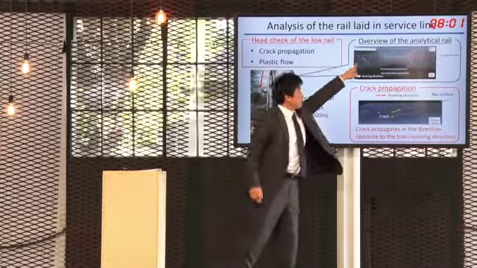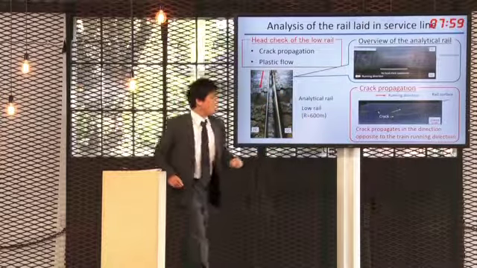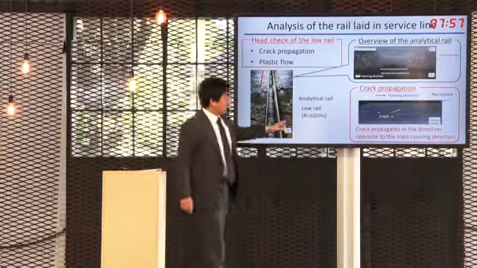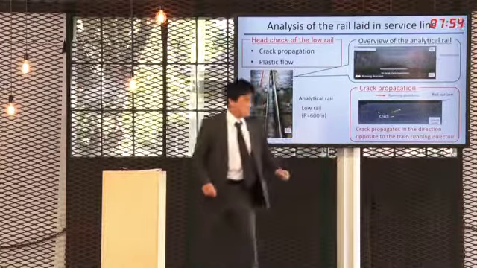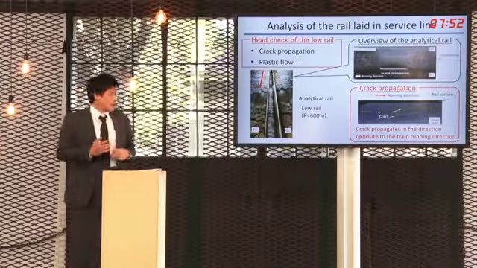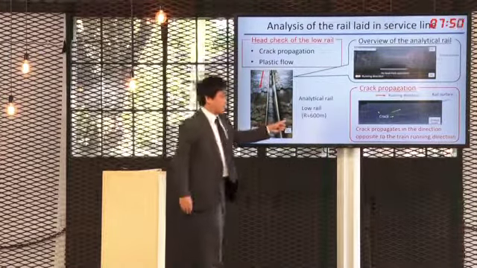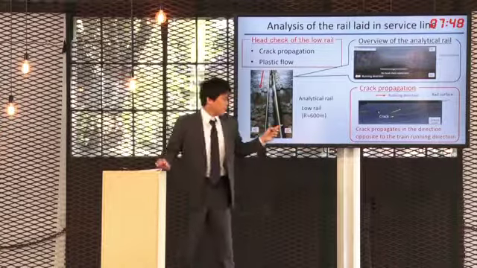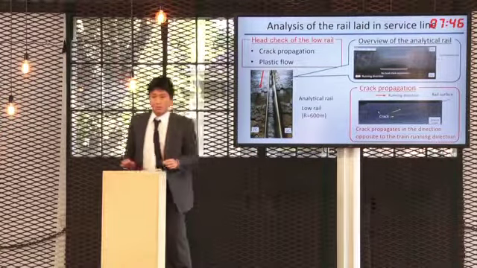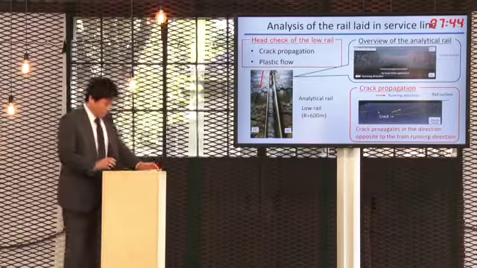The dotted line indicates the cutting position. Here shows the example of the cross-sectional observation in longitudinal direction. As you can see, some cracks propagate in the opposite direction to the train running.